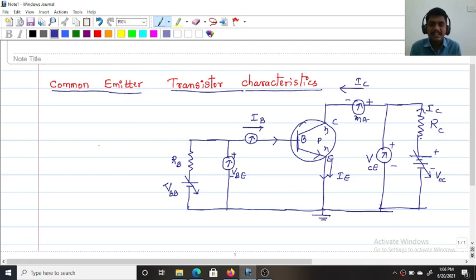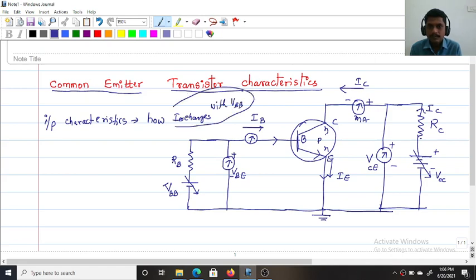In input characteristics we study how IB changes with VBB, that is, how the base current changes by changing the voltage applied to the base.